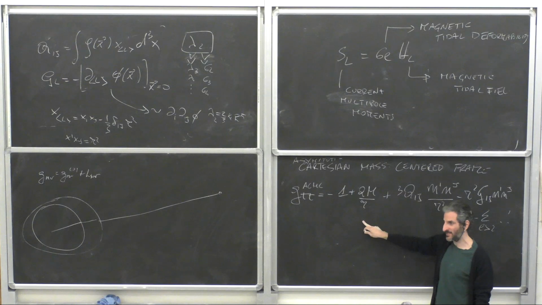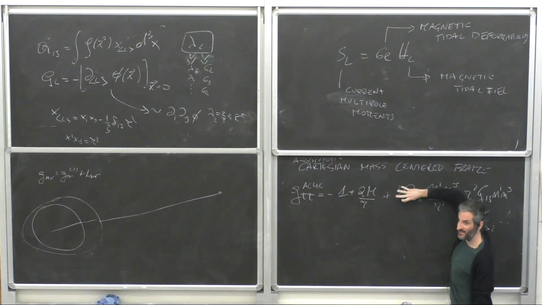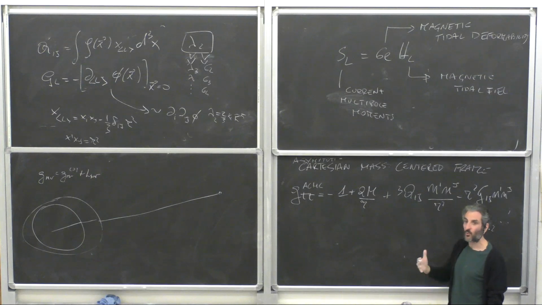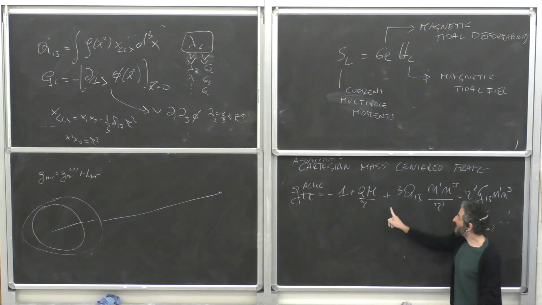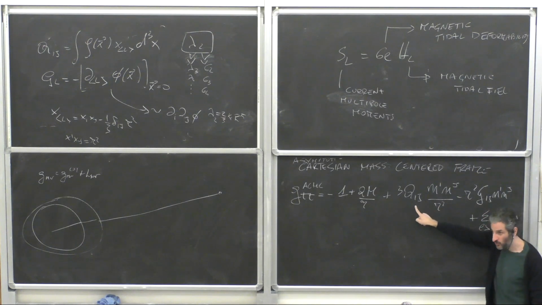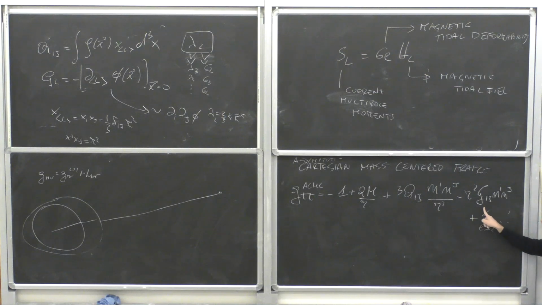For a spherically symmetric distribution, indeed, you only see this. But for a generic object with multipole moments, it provides an unambiguous gauge-invariant definition of the multipole moments of the source of the deformation.